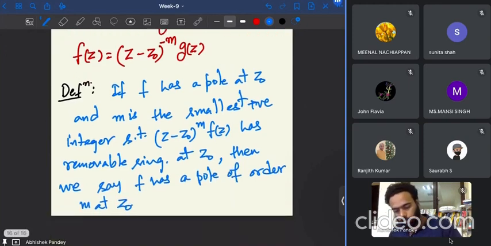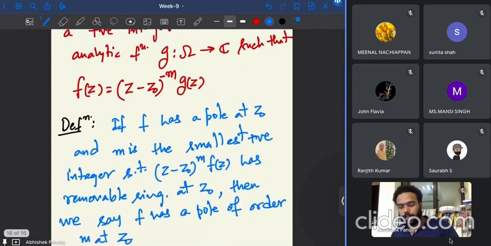So this is also equivalent to saying that f of z can be written in this form.